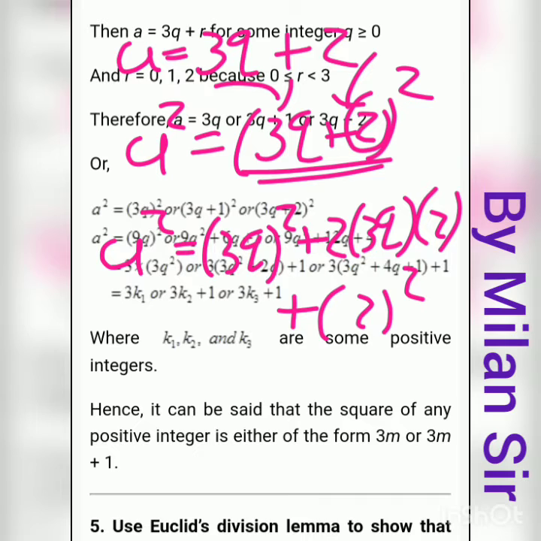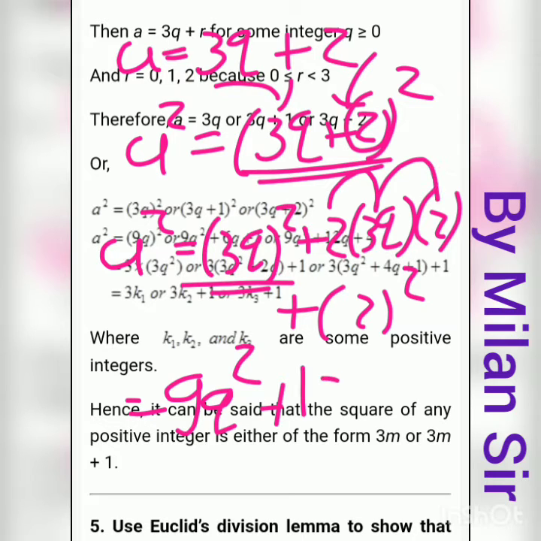Now here 3q square, 3 square is 9 and q square is q square. Plus here 2 3s are 6, 6 2s are 12, so 12q, plus 2 square is 4. Now which form can we get here?